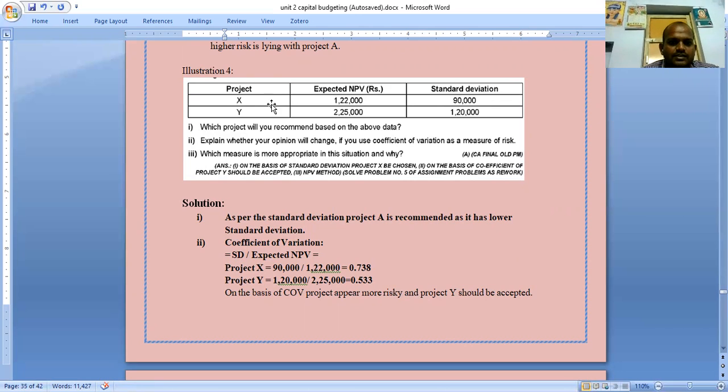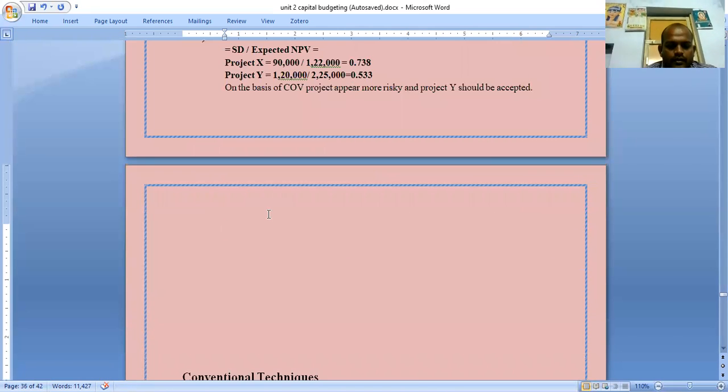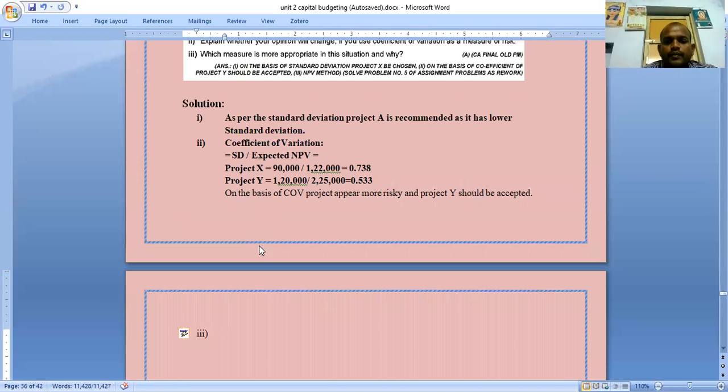In such a case, which measure is more appropriate in this situation and why? If a situation arises like this, we have to go with the coefficient of variation, because coefficient of variation is the best measure to evaluate risky proposals having different expected NPV and standard deviations.